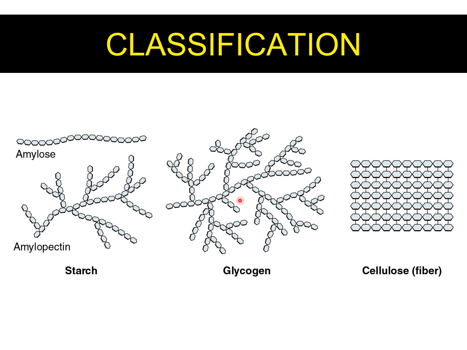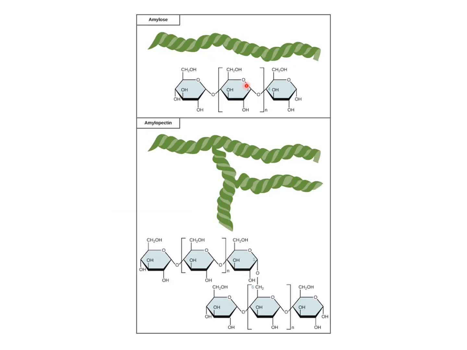Examples for the polysaccharides are the following: the starch, the glycogen, and the cellulose. Now for the starch, it consists of the polymers of amylose and amylopectin. Now consider the difference between the structures of amylose and amylopectin. When you say polysaccharide, this consists of a long chain of sugar units.